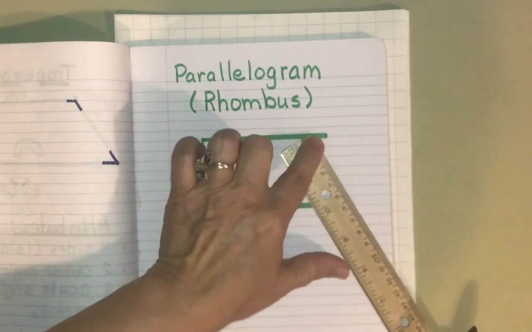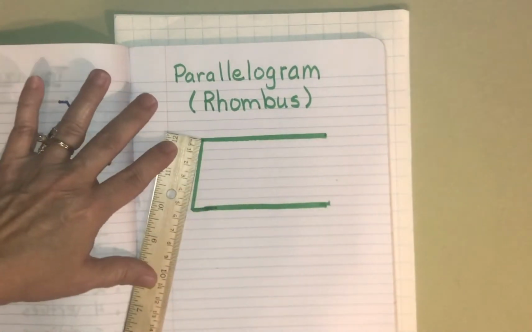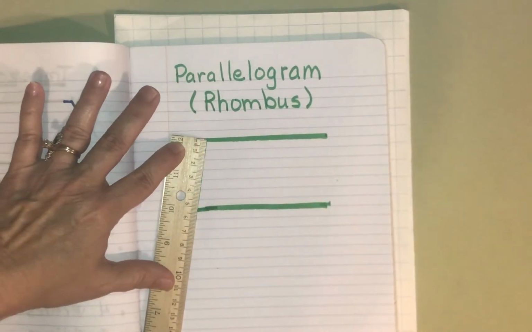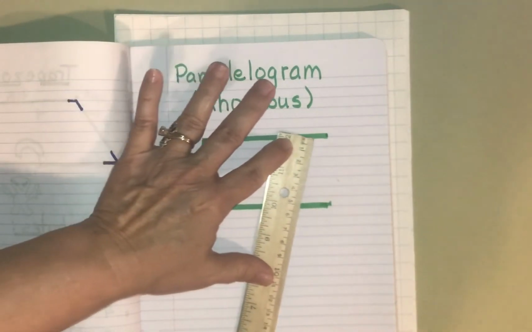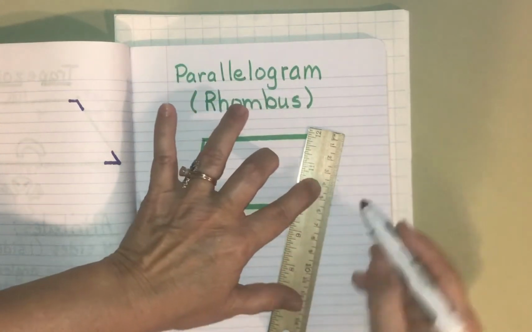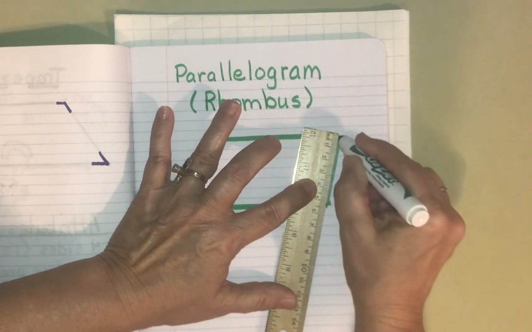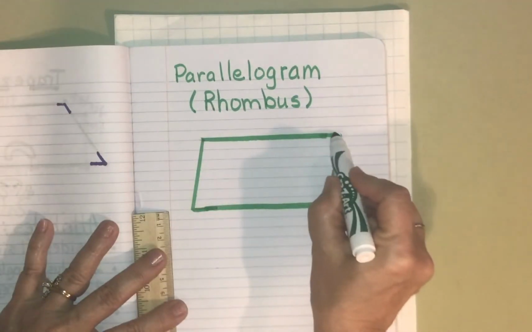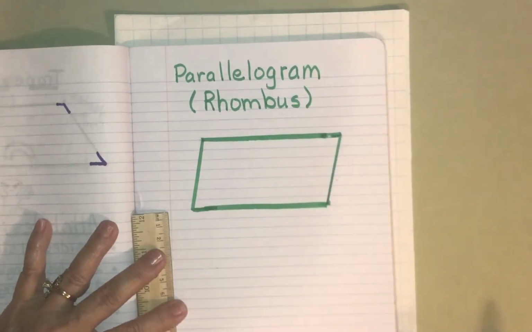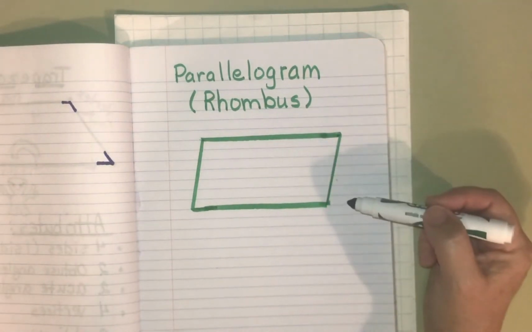If I go this way to the right, then all I've made is that trapezoid. So I want to go in the same direction. So just slide your ruler over, which means that now I'm going to draw my line from the bottom. And then I'm going to have to connect that one here. Okay? So that is a rhombus or a parallelogram.